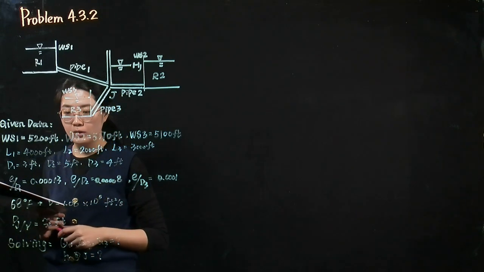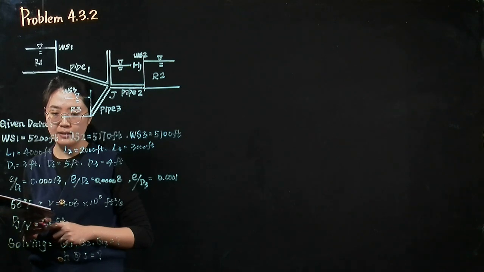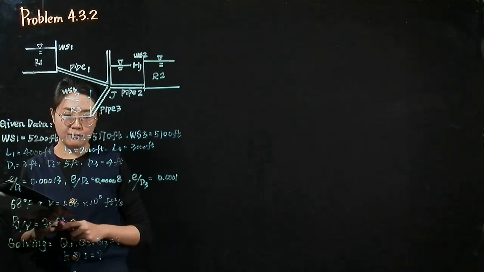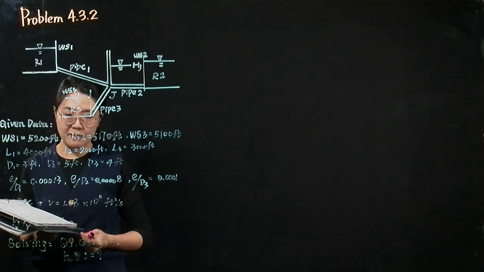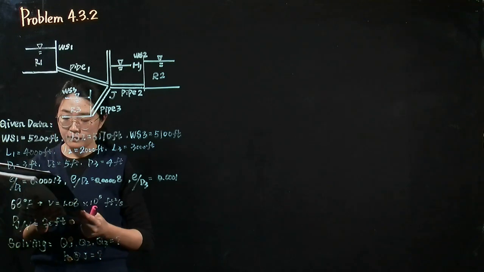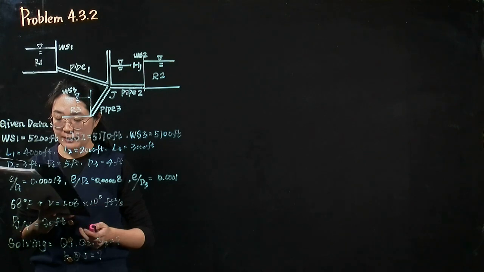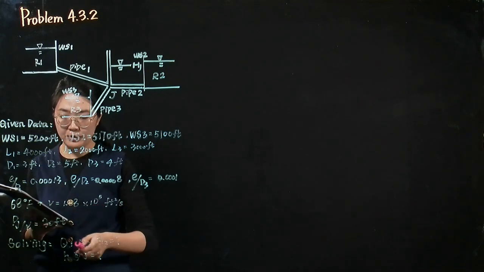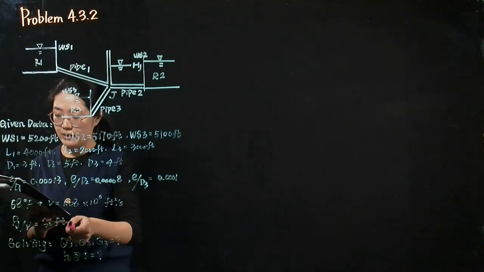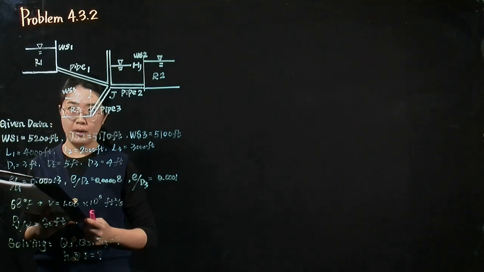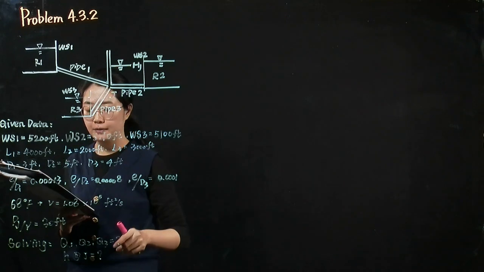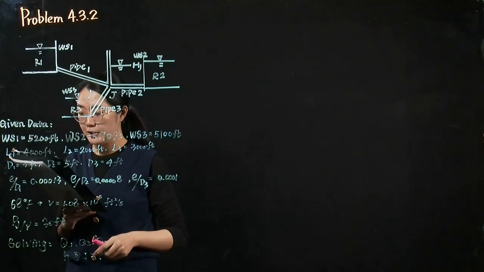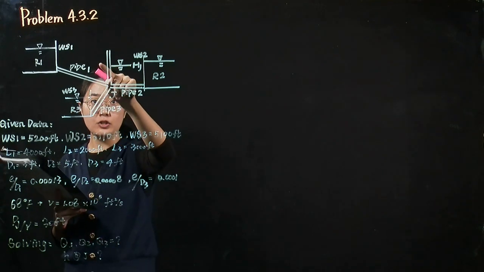Because the water temperature is 68 Fahrenheit, we can determine the kinematic viscosity. The pressure head at the junction is also given, which is 30 feet. In this problem, we want to calculate the flow rate in each pipe and the elevation at the junction J.